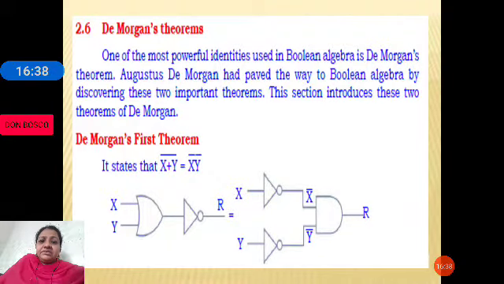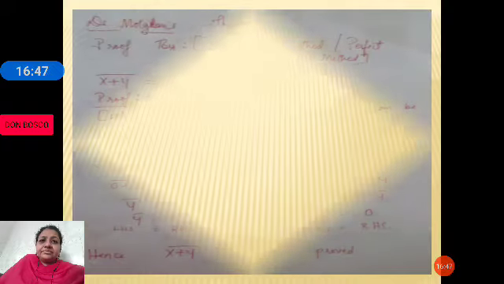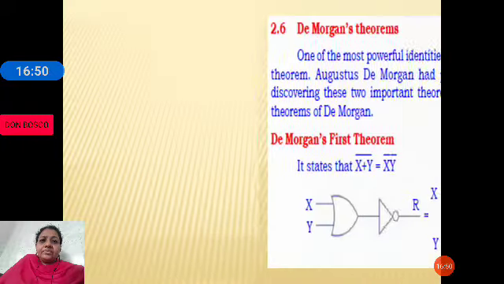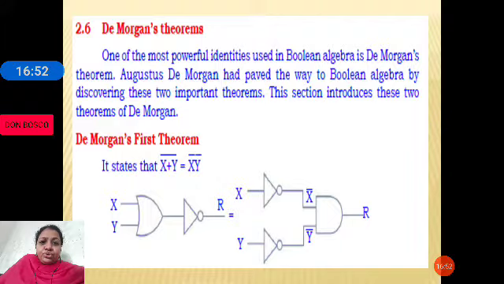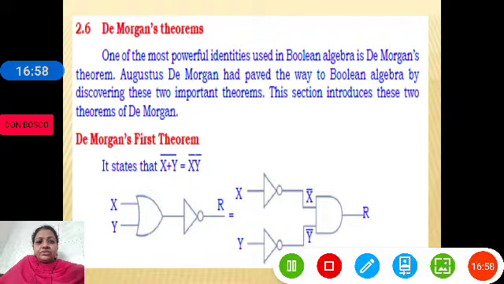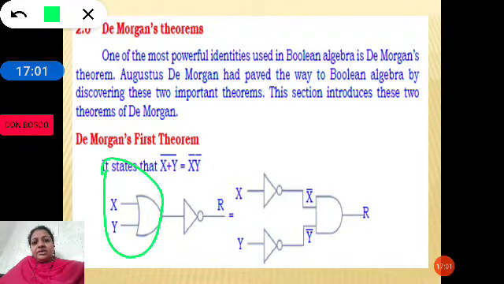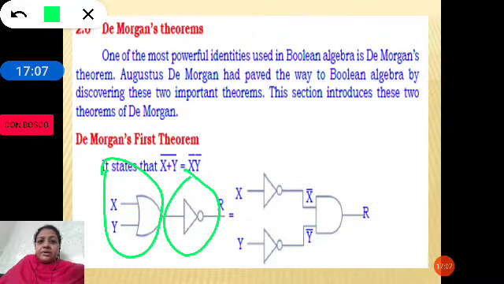So let me just define the first De Morgan theorem. The first De Morgan theorem says that if 2 variables are ORed, if you perform OR operation on 2 variables, so you can see x plus y, and we complement it, x plus y whole bar, when we complement it, it is same as x bar ANDed with y bar.